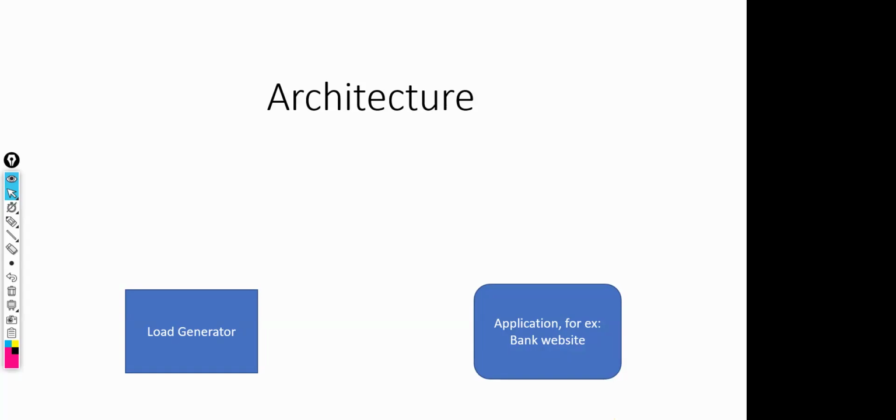There are multiple factors, by the way, depending on the protocol and all that. Basically, the load generator is also a machine, a highly configured machine, with a good amount of RAM and CPU, like 32 GB RAM. Now the load generator will be able to simulate virtual users for us.